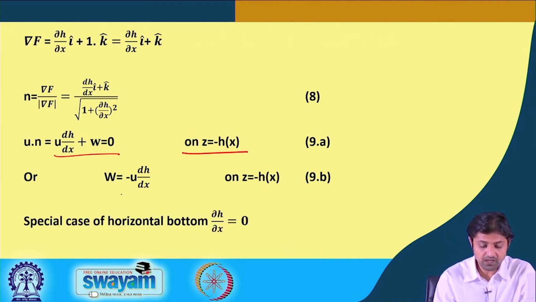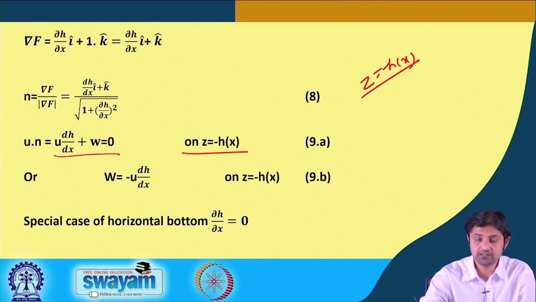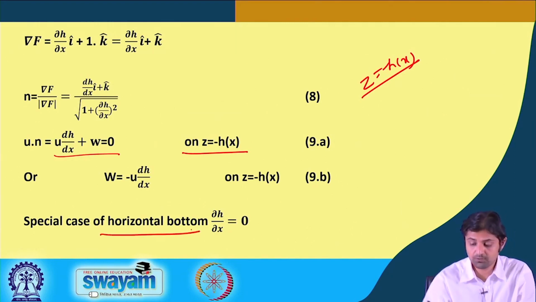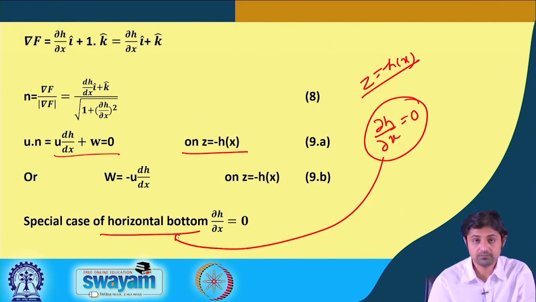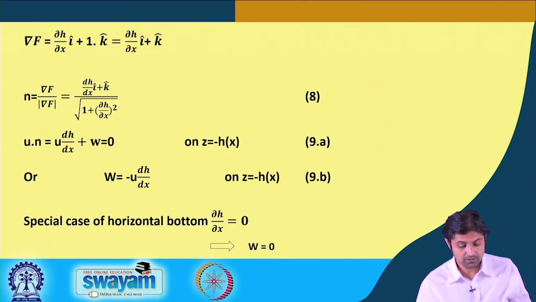Now earlier we had assumed that the bottom, z, will be minus h of x. But if we assume a case of horizontal bottom, we know that the height will not vary as a function of x. So dh dx is going to be 0 for horizontal bottom, which we have written here. Therefore, this means w is equal to 0.